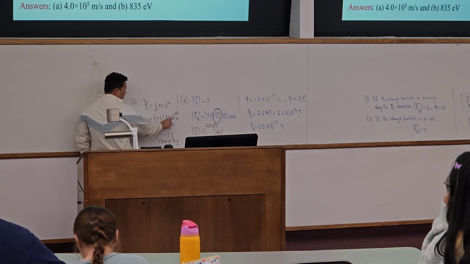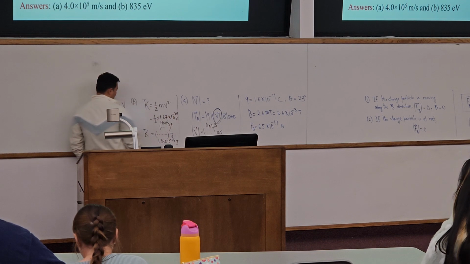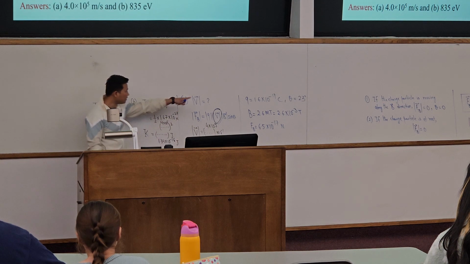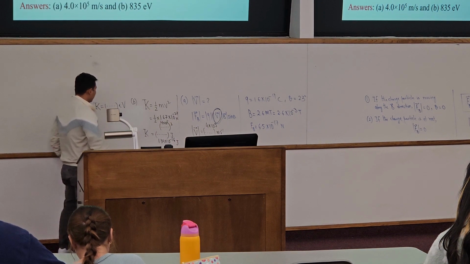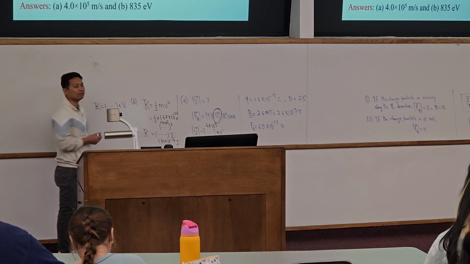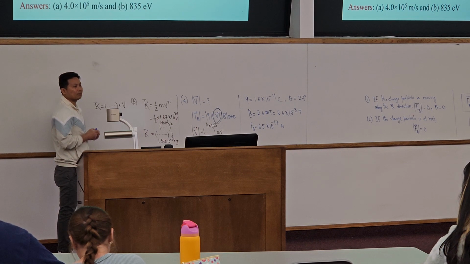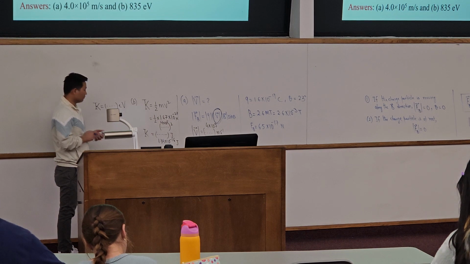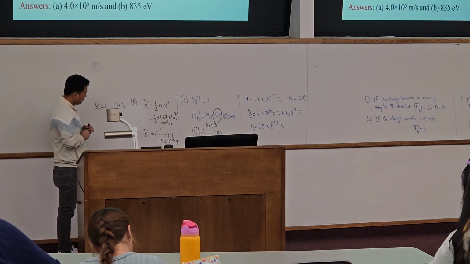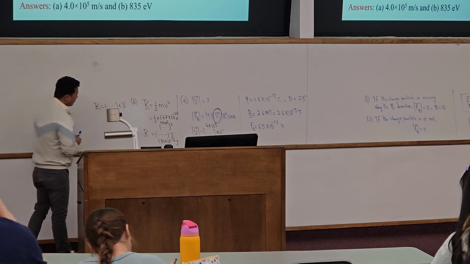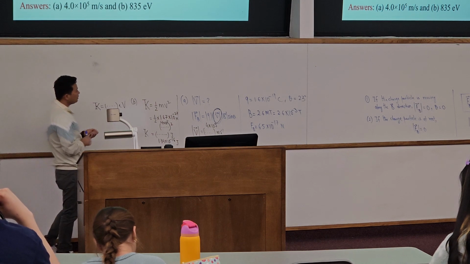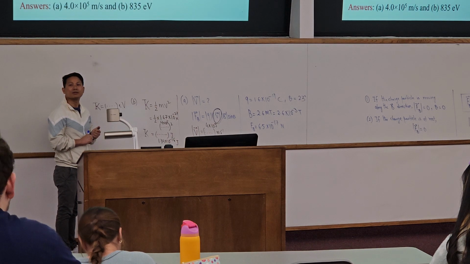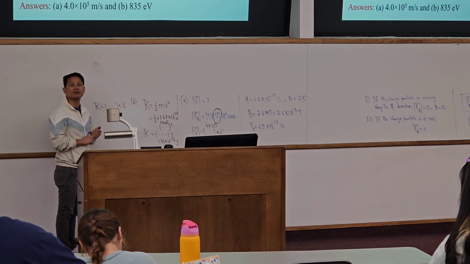So if you divide by 1.6 times 10 to the minus 19, what is the number you get? 1.34 times 10 power minus 16 divided by 1.6 times 10 power minus 19. Negative 16.